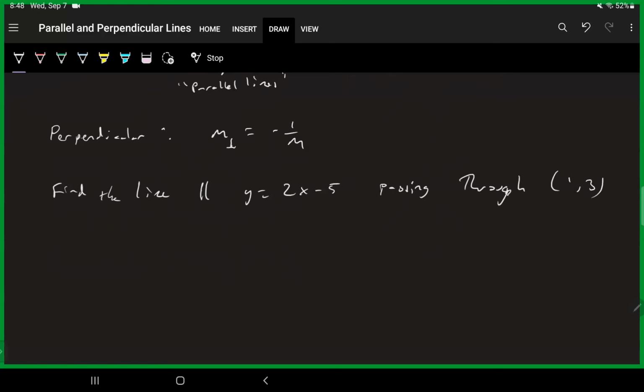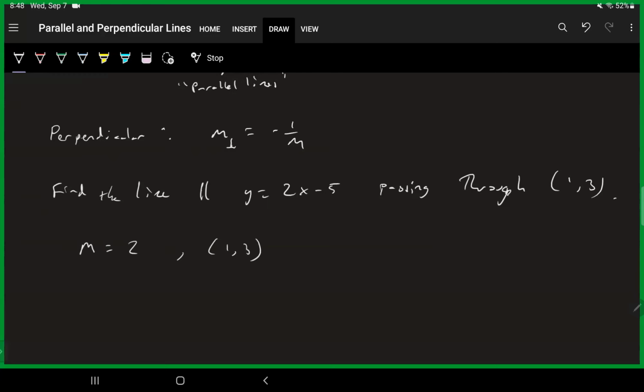Okay, so I'm using my little parallel symbol here. You can write parallel if you want. So let's write down the information we have. I want a parallel slope, and it's going to be the same as whatever I started with. So parallel to 2 would be 2, and passing through 1, 3.